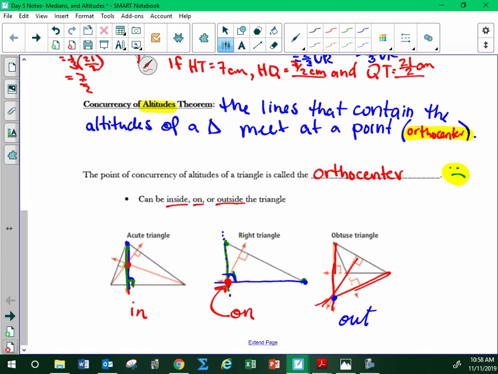Altitude goes through vertex, perpendicular to the opposite side. So our point, the vertex. Our slope, gotta find our slope and then do opposite reciprocal to get perpendicular. So we have coordinate geometry with each of these 3 categories, but you need to make sure you know what these different lines are to know which points you use, which slopes you use, whether it's perpendicular.